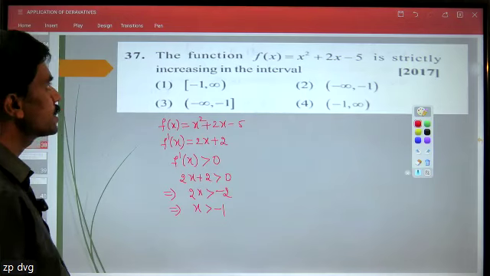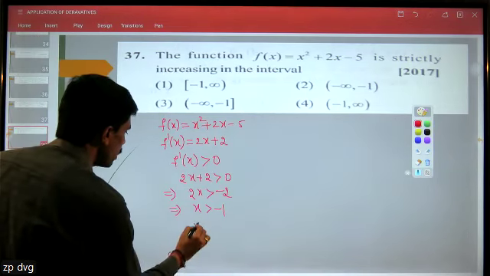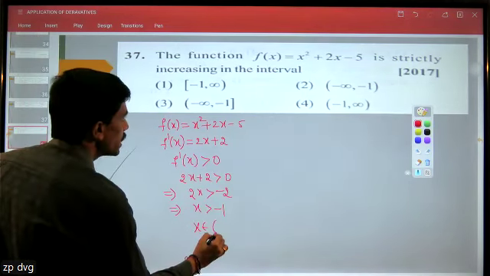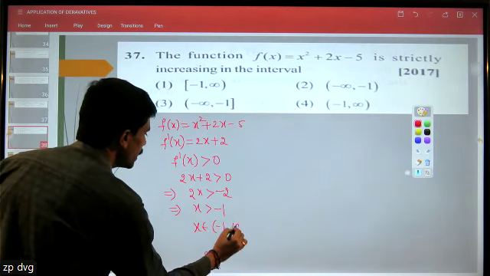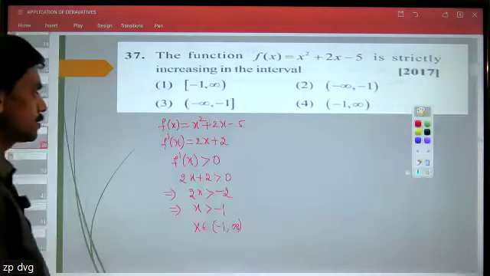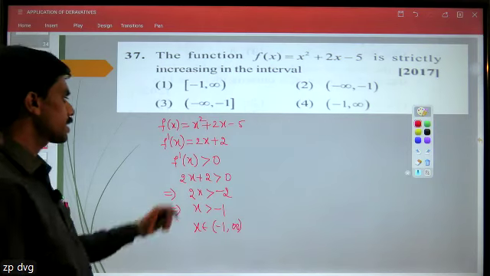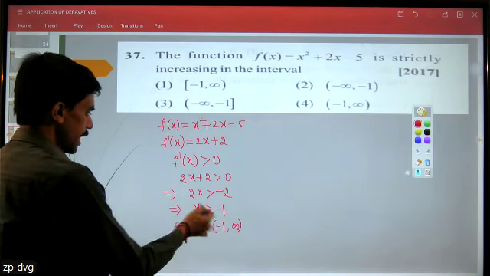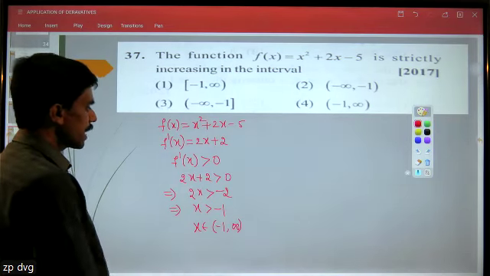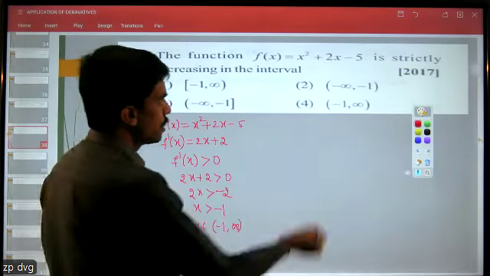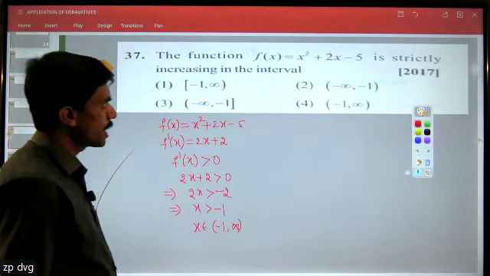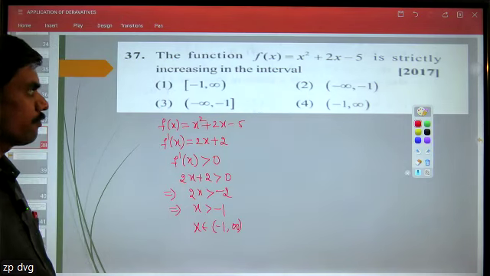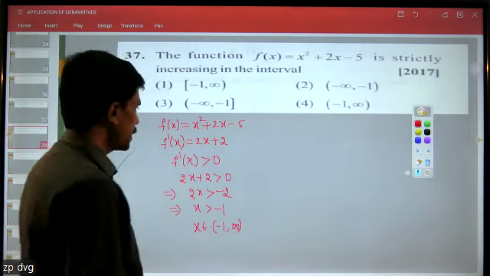So x belongs to the open interval minus 1 comma infinity. So the answer is option 4.